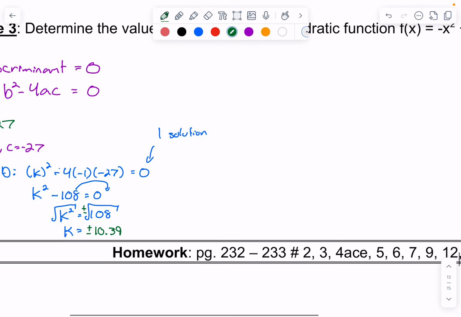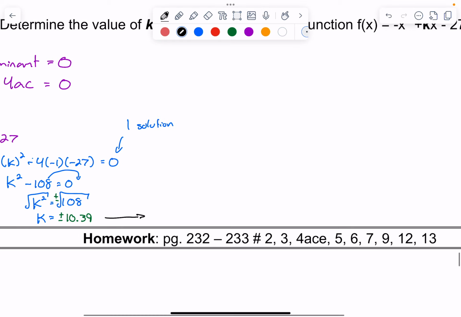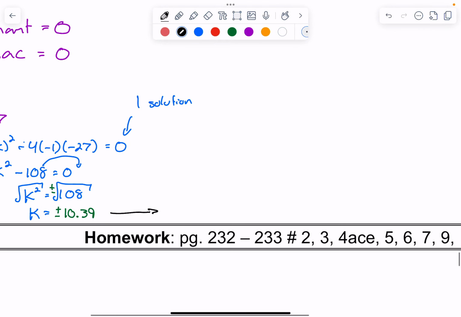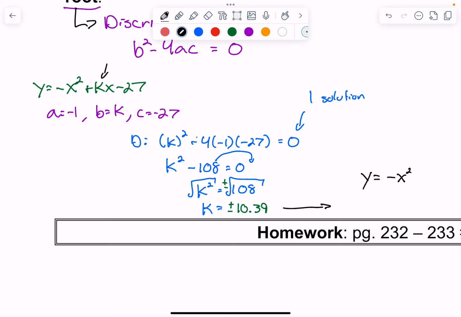So hypothetically, you would see an equation, and really we shouldn't leave this in decimal format, but I'll put it in for the sake of this. This would be y equals minus x squared, because you're just rewriting this and replacing the k.